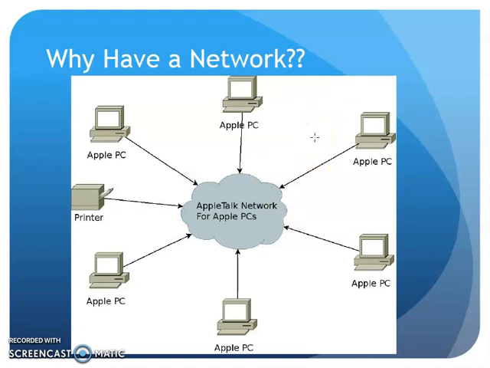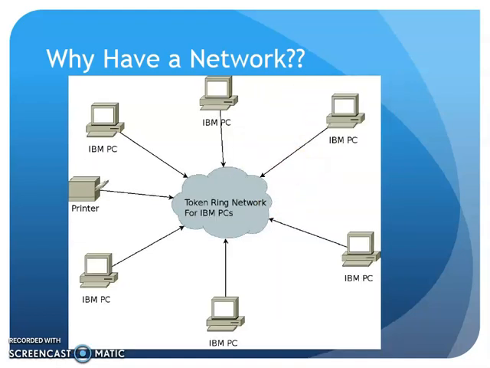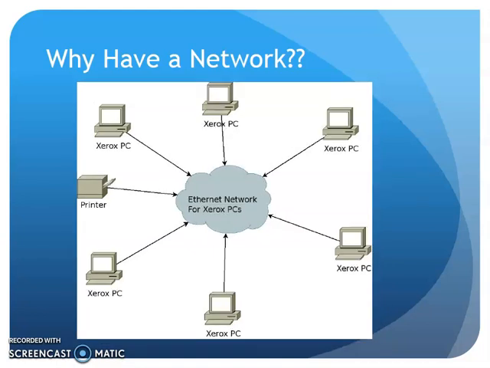And that is how you moved your data around. Meanwhile, if your company had IBM PCs, you used IBM cabling with IBM protocols, with IBM devices to move data between your IBM computers. Meanwhile, if your company had Xerox computers, you used Xerox cabling connected to Xerox network devices using Xerox protocols to move data between your computers.